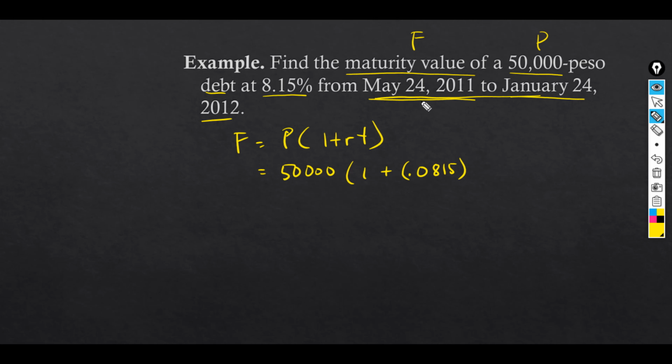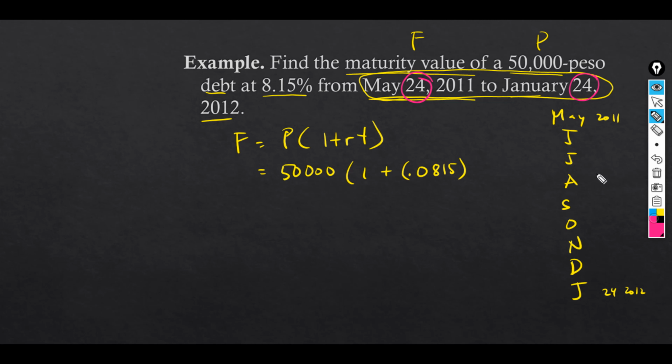When the dates are coinciding, meaning they have the same day, both are 24, then you just count the number of months. May 2011, May, June, July, August, September, October, November, December, up to January 24, 2012.